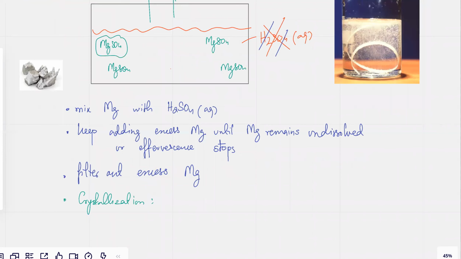The process of crystallization is you evaporate the solution to saturation point and filter out.